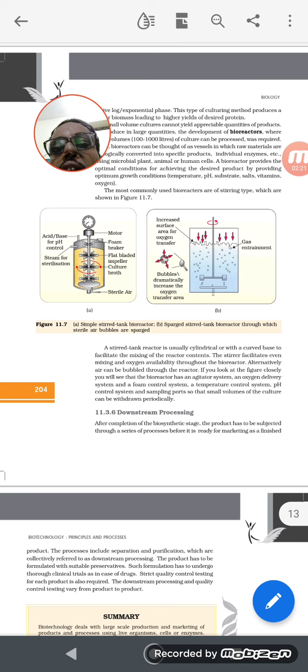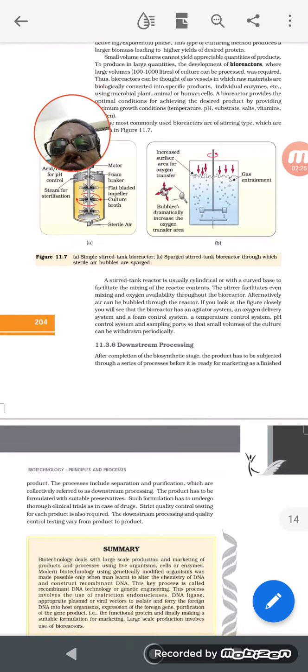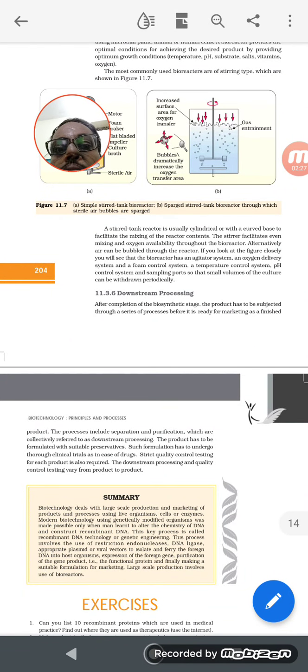Once the product is formed, they will do a process known as the downstream process. Downstream processing means whatever product they get from the bioreactors, they will put it to test to see whether they are getting the same result, or check at the molecular level whether it has the same structure.